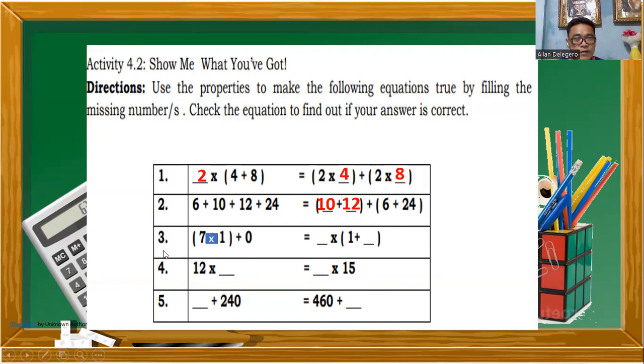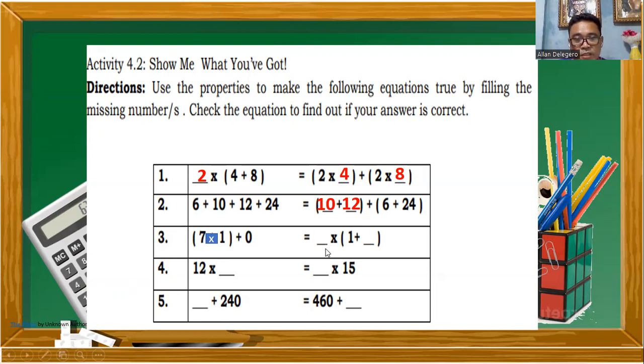Okay. And for number 3, we have to change the operation. So this is the symbol times. So 7 times 1 is 7. 7 plus 0 is 7.